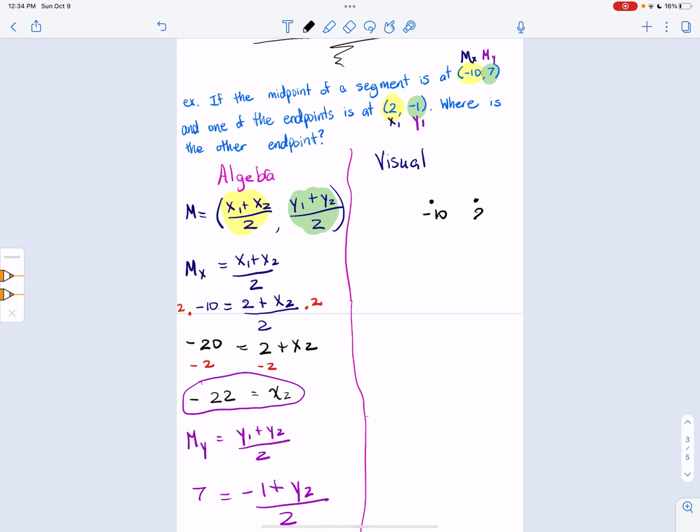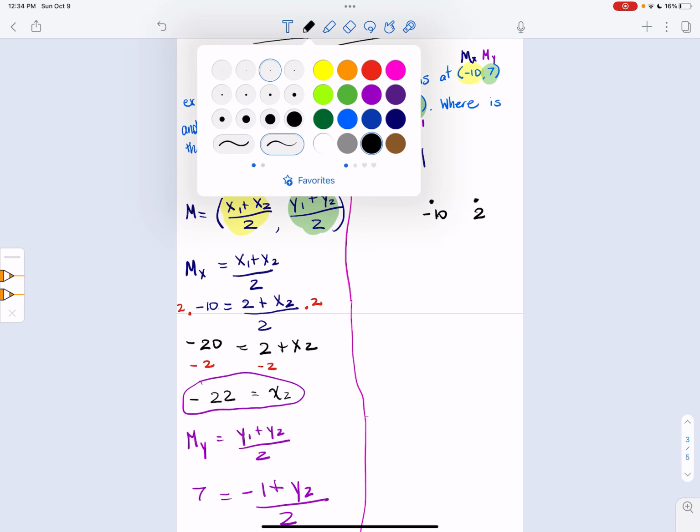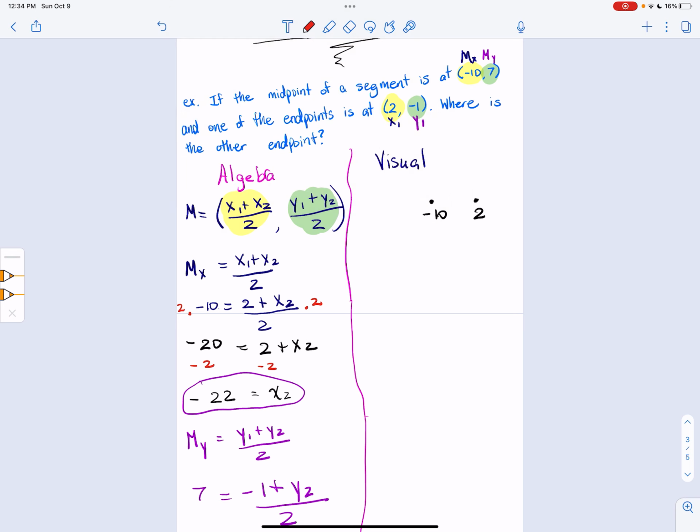It's over here at 2. That's coming from right here. So if I figure out the space between those two points, from negative 10 to 2, it's 12 units. I can do that by counting, I can do that by subtracting. I just know that from negative 10, counting all the way up to 2, you get 12 units.